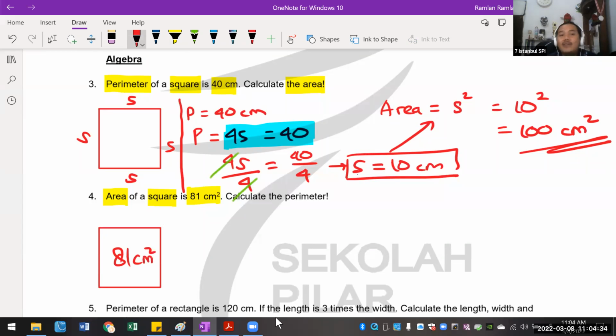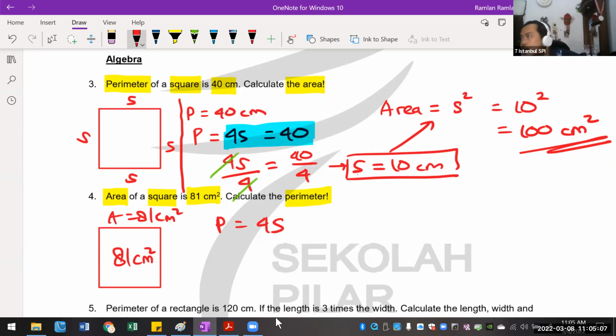So we have 81 squares where one small square is 1 centimeter squared. So the area is equal to 81 centimeters squared. And the thing that is being asked is the perimeter. So you're looking for the perimeter. I'm going to write the formula here because we're calculating perimeter. So P is going to be 4S, because this is a square.